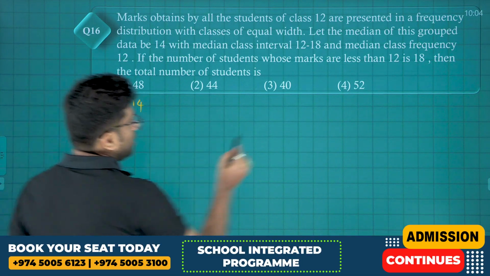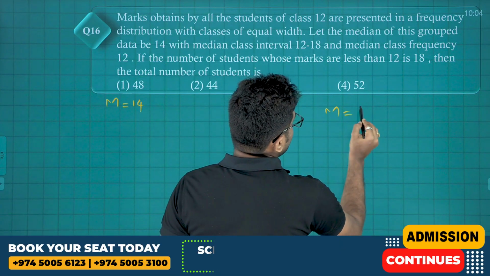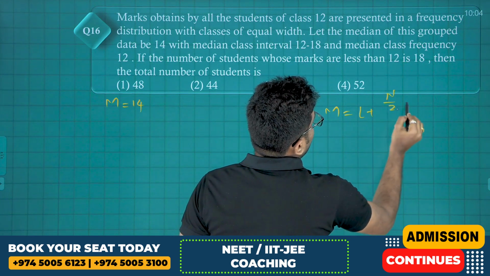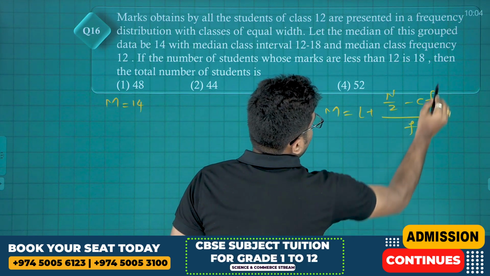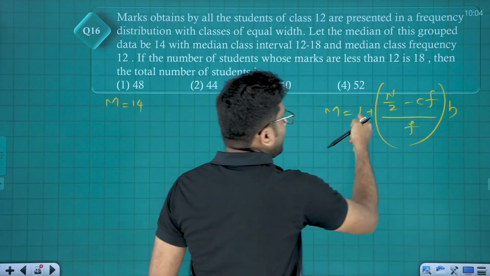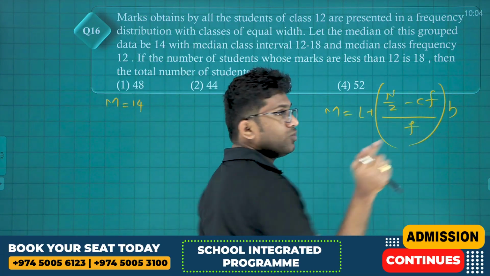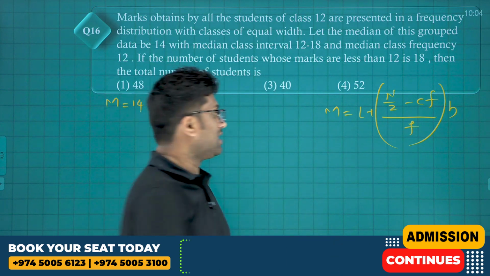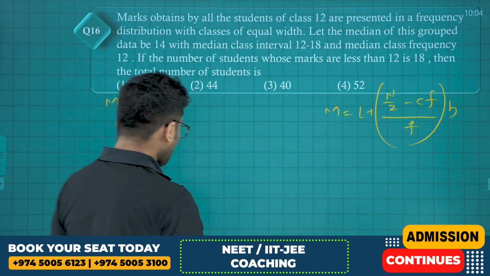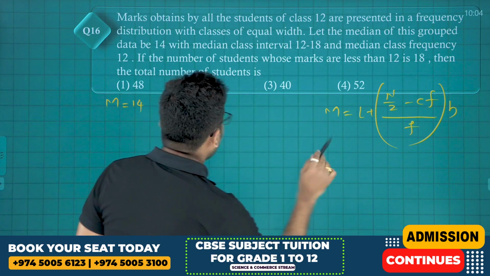You know the median formula, M is equal to L plus N by 2 minus CF by F into h, where L is the lower limit of the median class, N is total frequency, CF is cumulative frequency of the class preceding the median class, and F is frequency of the median class. I guess they have given all of them.